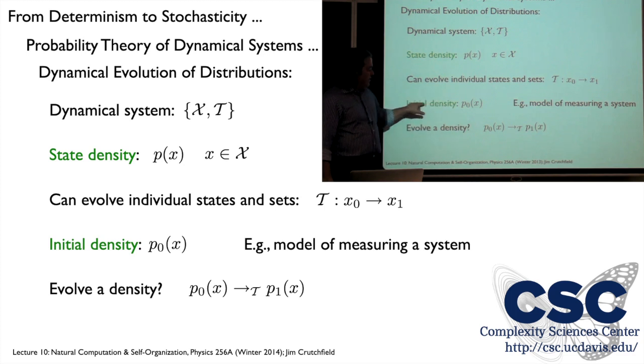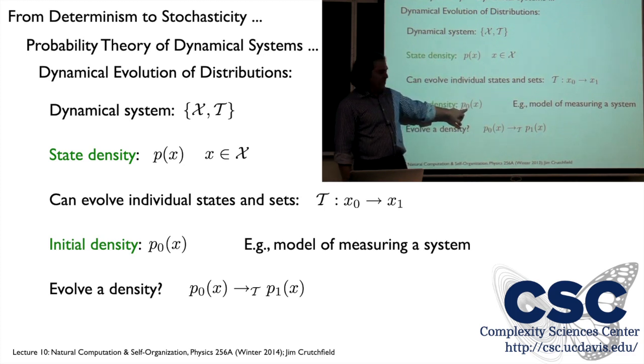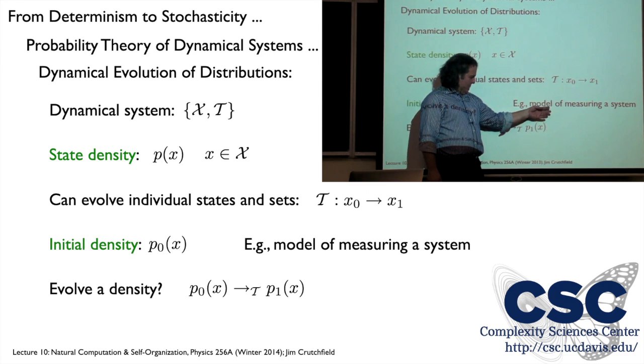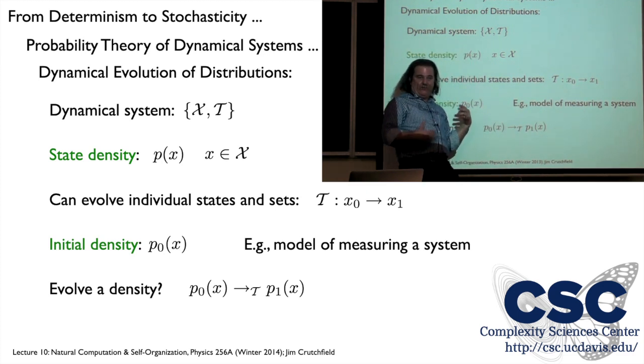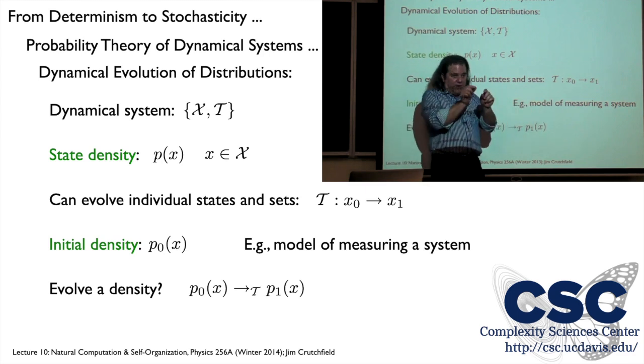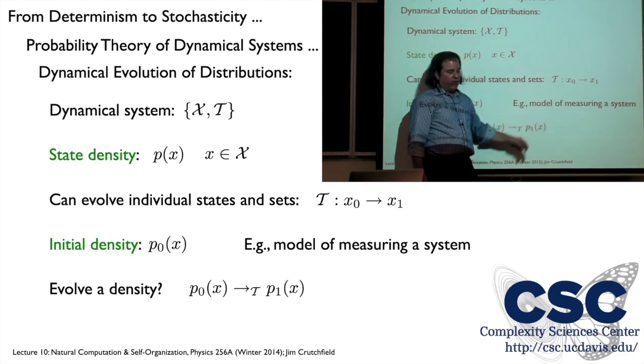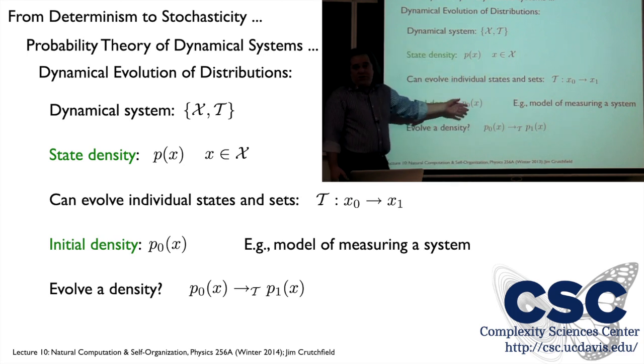So we're going to start with some initial density, so I'll make the subscript here be time. So at time 0, we have this initial density. We specify, again, as I said for the dot spreading experiments, think of this as could be a tight little Gaussian distribution that was some model of our control or measurement accuracy in an experiment. Could also be other things too.